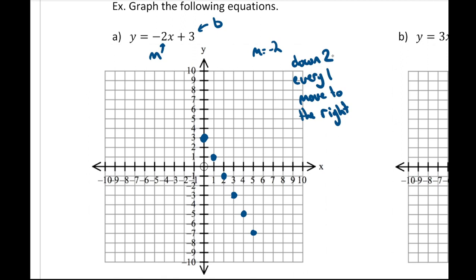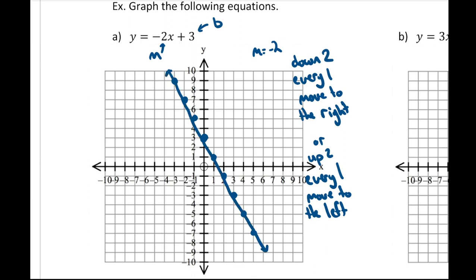I could say down 2 every one move to the right, or up 2 every one move to the left. So if I go back a position, I'll be up 2, back another position, up 2, and so on. Once we've plotted these points, I can connect them with a straight line, and that's how we graph our equation.